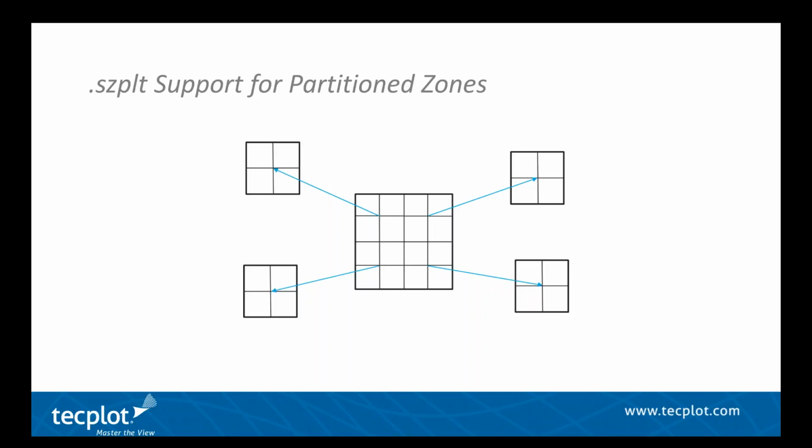And it's convenient then for each process to be able to output the portion of the data that it owns. And this is the utility of partition zones. Then each MPI rank can output its own partition, and they all will get reassembled into a single zone in the SZPLT file. Next slide, please.